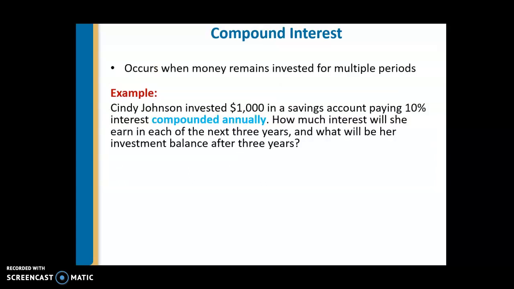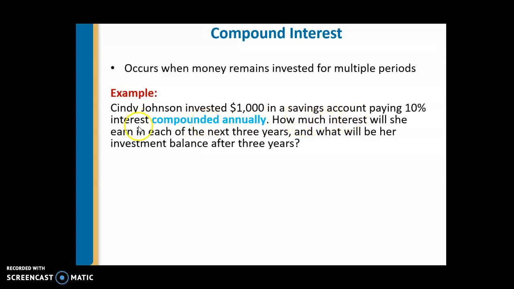Let's take a look at an example when interest is compounded on an annual basis. In this example, Cindy Johnson invested $1,000 in a savings account paying 10% interest compounded annually.